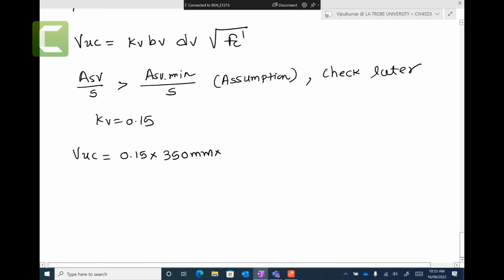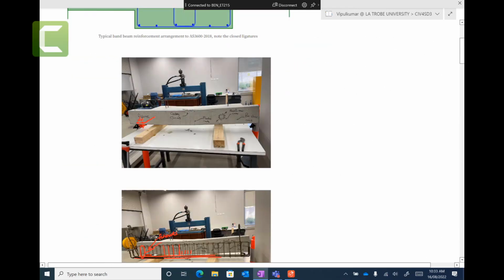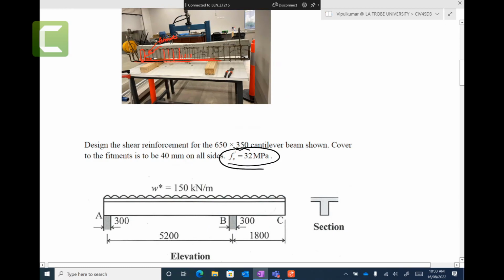So dV 527 millimeters, square root FC 32. I think I can show it to you where is 32. Here you go, 32 megapascals.